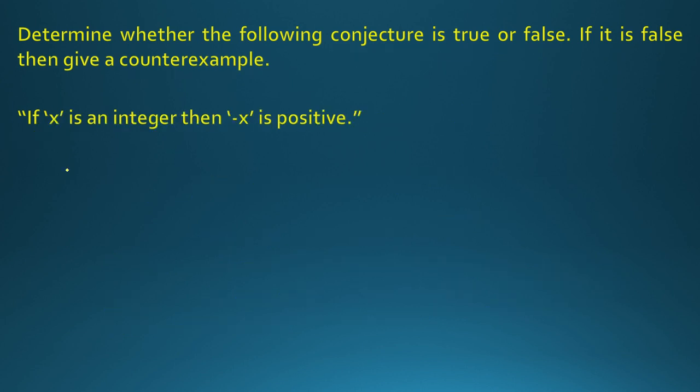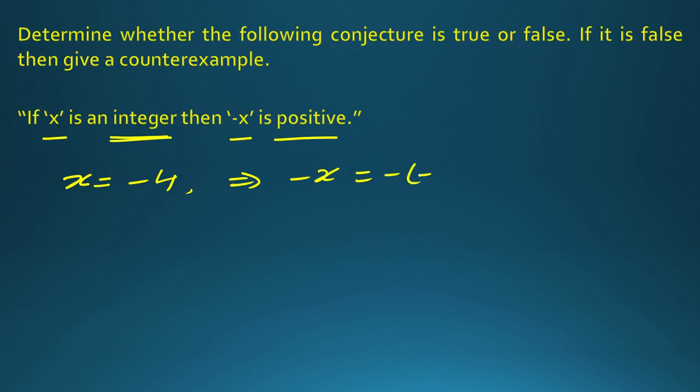Okay, now another example, if x is an integer, meaning positive or negative but without decimal. So if x is an integer, then negative x is positive. See, this statement will be true when x is a negative integer. For example, if I say x is equal to negative 4, then negative x will be equal to negative of negative 4, which means positive 4.